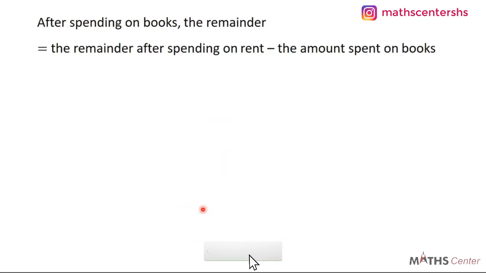So if you want the remainder after spending on books, it will be the amount he had before spending on books, which is the remainder after spending on rent, minus the amount he spent on books. The amount he had before was 45a over 88. The amount he spent on books is 5a over 88.